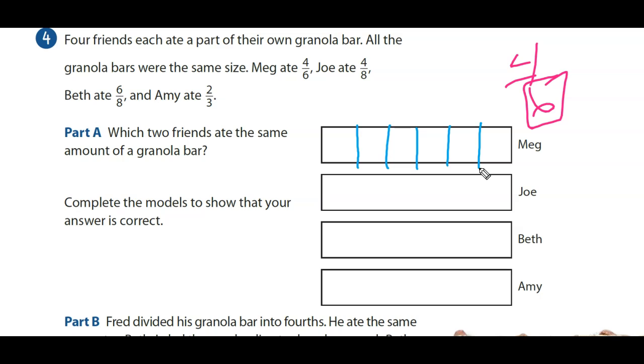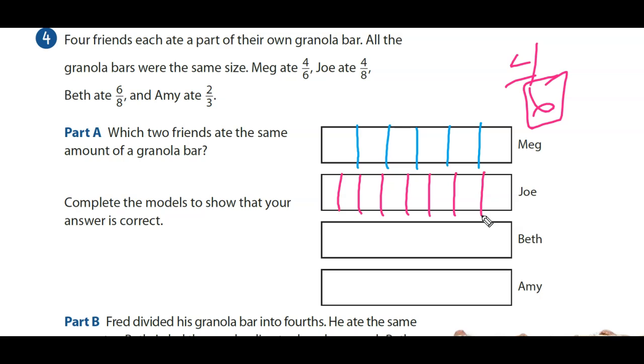And Joe ate how many? 4/8. So how many sections am I going to need? 8 of them, with how many lines? 7. So 1, 2, 3, 4, 5, 6, 7. Roughly about that. And Beth, she had what? 6/8.